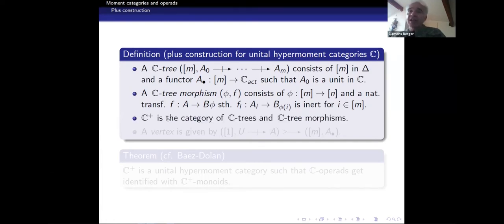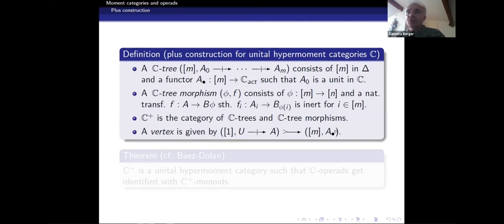And the plus construction is just the category of C trees and C tree morphisms. And each tree has vertices, so these are very abstract trees. But a vertex is given by an inert map from an arrow into your simplex.